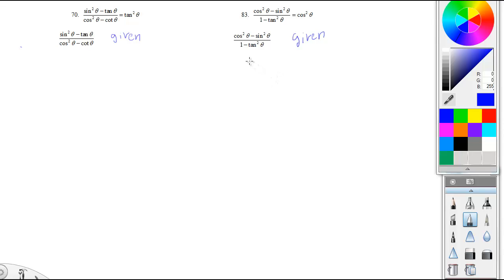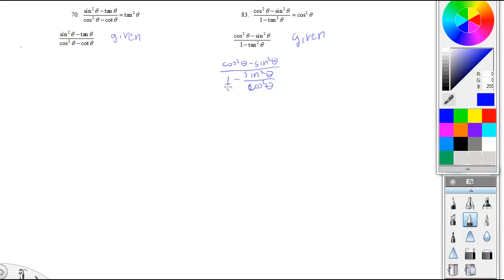And we have cosine squared minus sine squared over 1 minus tangent squared. So I think it's probably a good idea to go ahead and keep the cosine squared minus sine squared. And we have 1 minus sine squared over cosine squared.